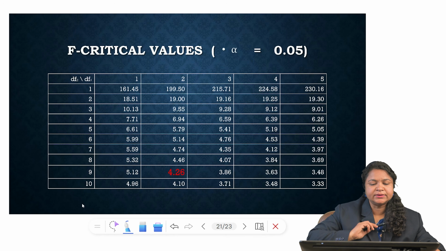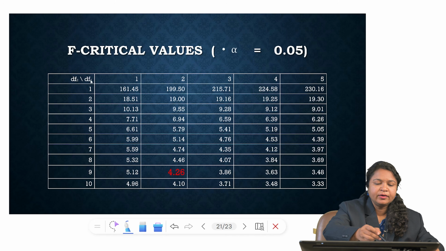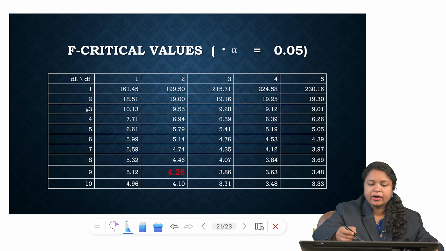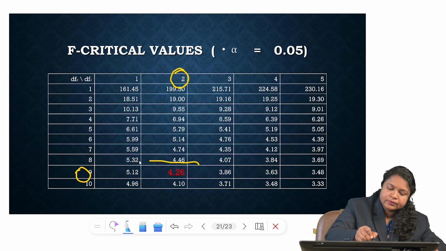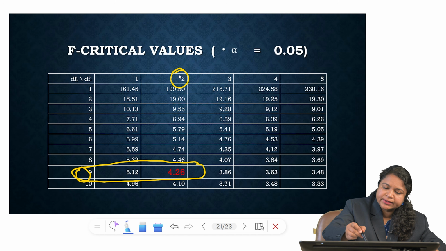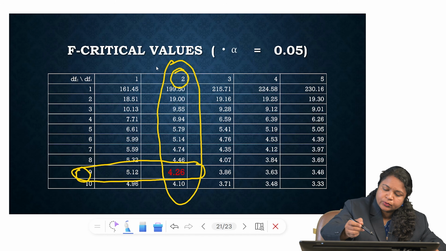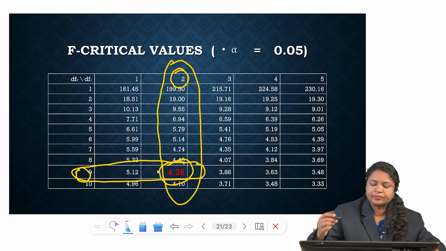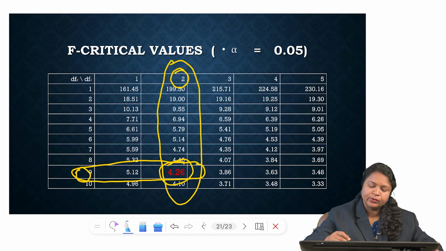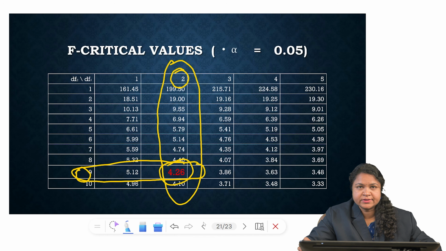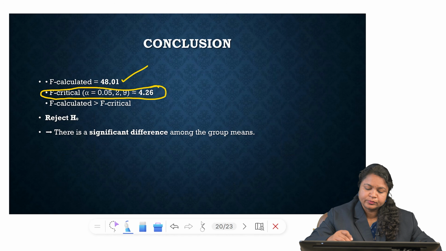So these are the degrees of freedom on the left hand side from 1 to 10, and for the values 2 and 9, the intersection of these two is 4.26. Okay, we got 4.26 as critical value. This is the table which gives us the critical value.